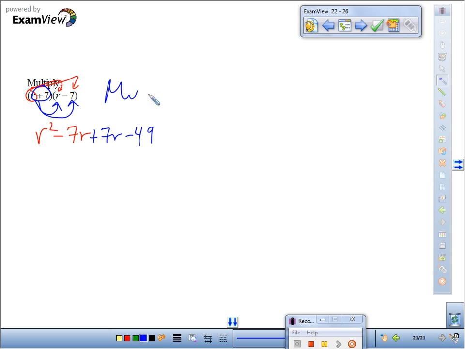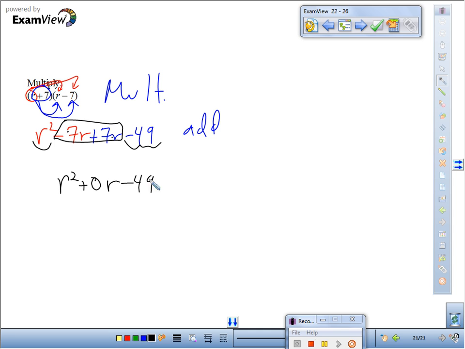We're done with multiplication. Now we add. Here we go. Do we have any other r squares? No. r squared. Now we focus on the ones with r's. I write my r. What is 7 minus 7? I'm just going to put plus 0r. And I bring down the negative 49.